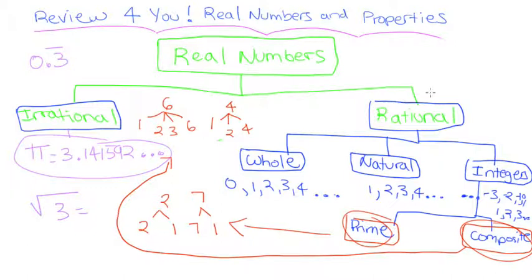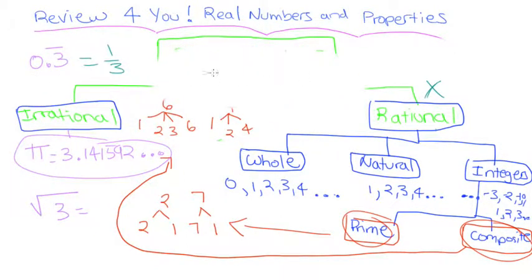Well, the correct answer is it's a rational number, because 0.3 repeating can be turned into a fraction, and that fraction is 1/3. Only non-repeating and non-terminating decimals can be irrational numbers. Terminating decimals and repeating decimals are all rational numbers. So let me clear some space and we'll get into number properties.